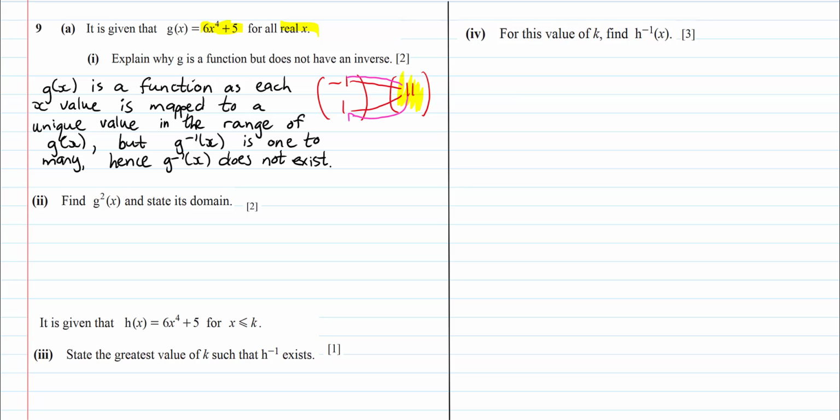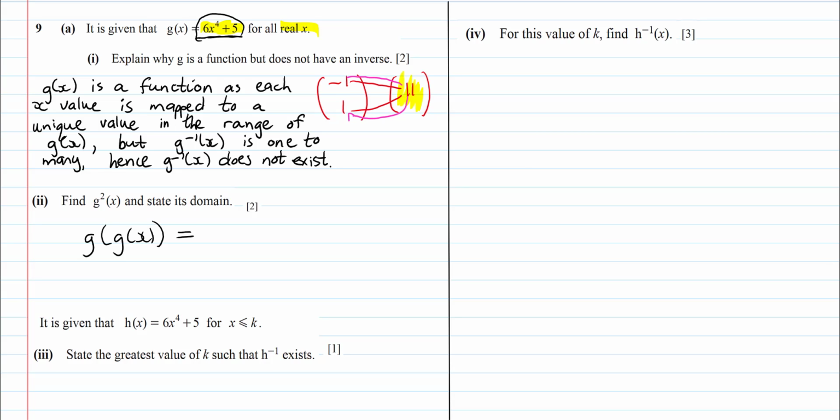For part 2, we need to find g2 of x and state its domain. So we're trying to find g of g of x. Wherever we see x in our original function g of x, we replace it with that whole expression, 6x to the power of 4 plus 5.